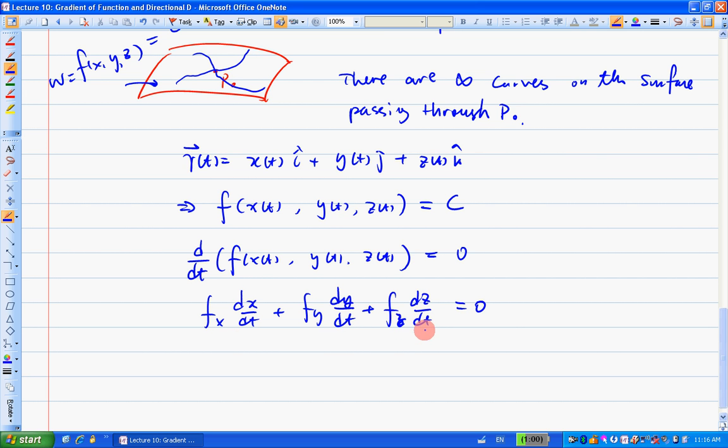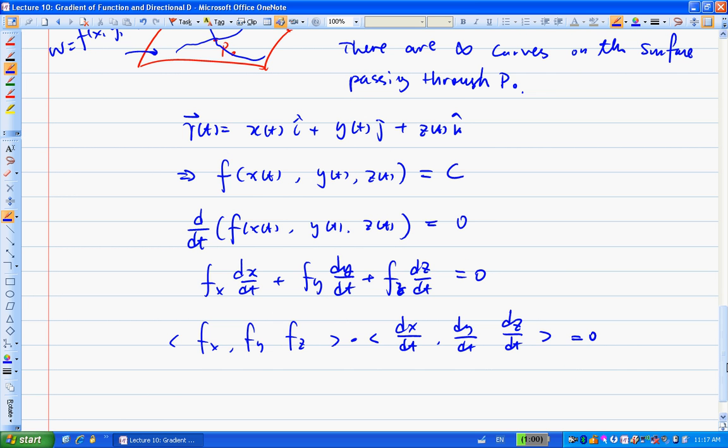For this, I'm going to use a dot product to represent this multiplication. One vector is this, and the other vector is that. Now you observe, what are the two quantities here?